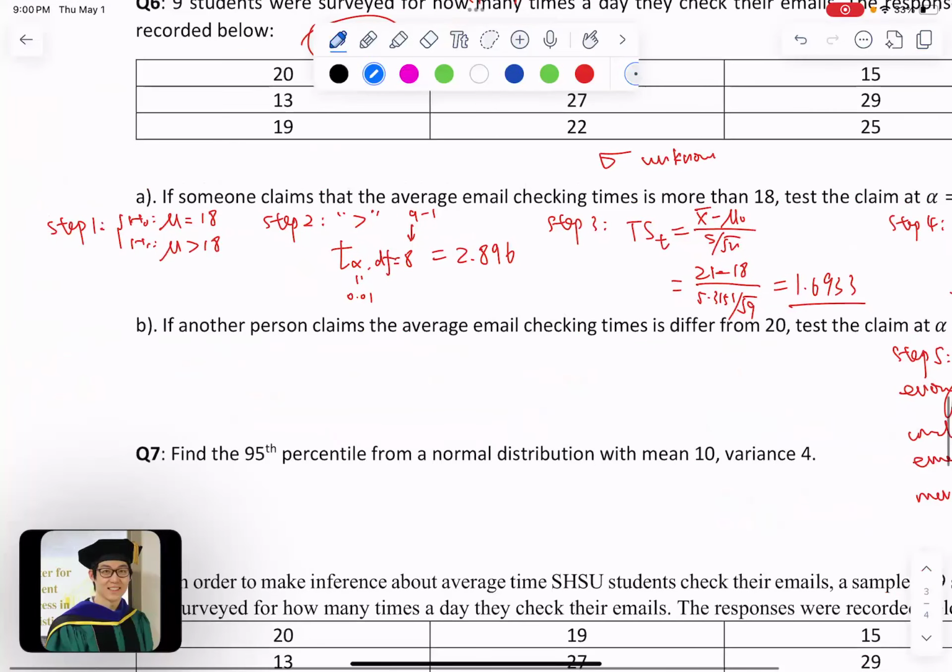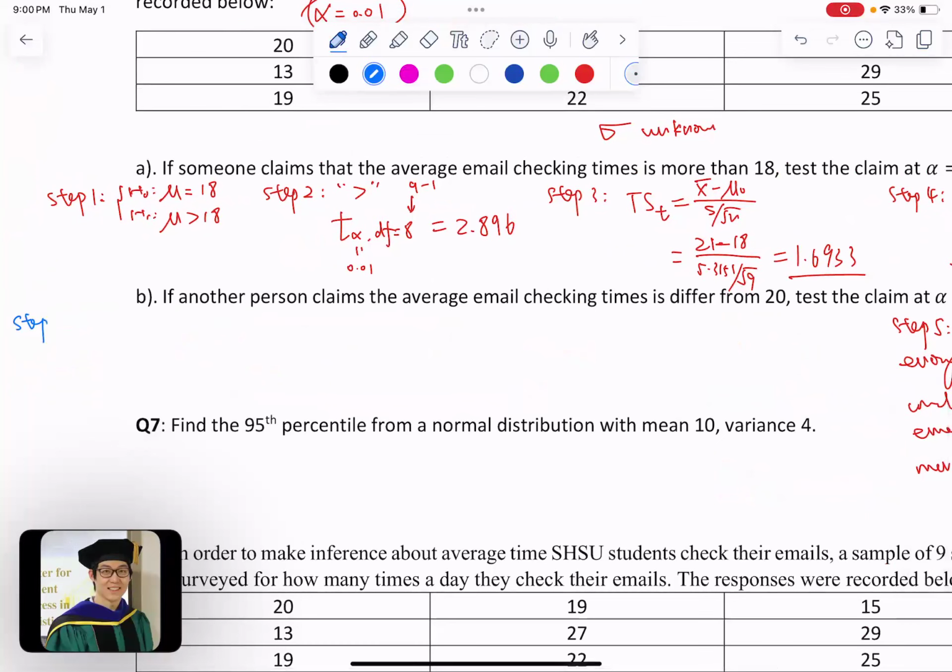Differ from 20, right? So step 1, null mu equals 20. Alternative mu is not 20. So this is a two-tailed test, right? Step 2, does not equal, so we look at the critical value plus or minus t sub alpha over 2, with df equals 8.